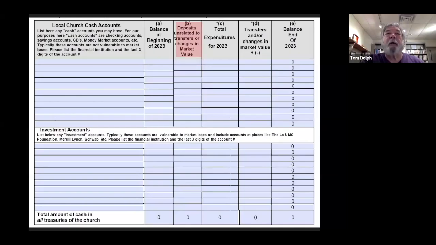So that's true for your liquid, true for your investment accounts, and again, that column should total.